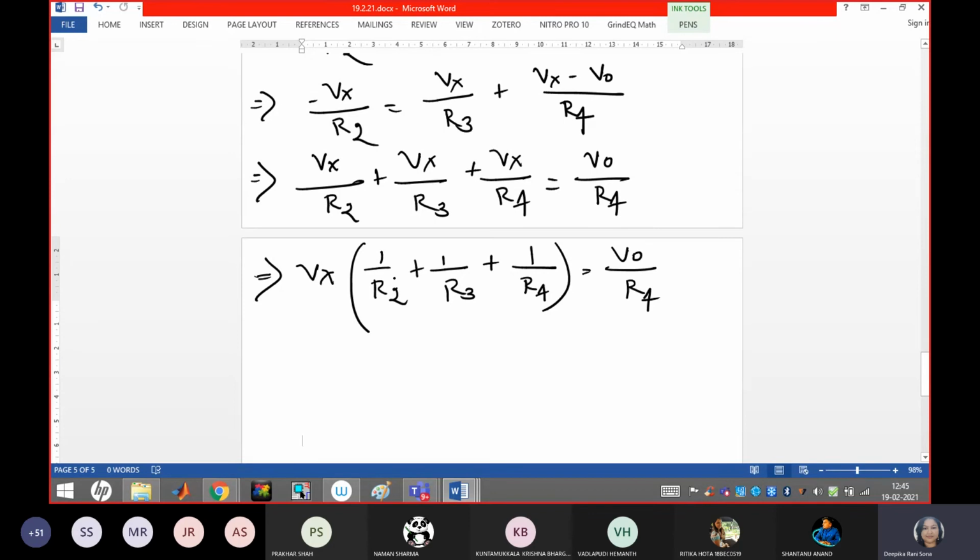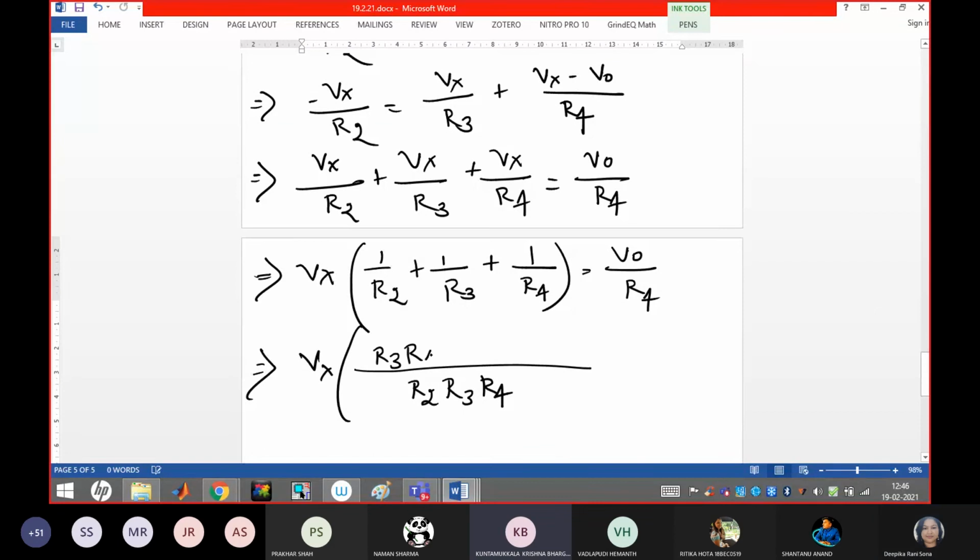What is the next step? We have to solve this intermediate part, right? So Vx into, the denominator is R2 R3 R4, and the top part is R3 R4 plus R2 R4 plus R2 R3, which is equal to again V0 by R4.